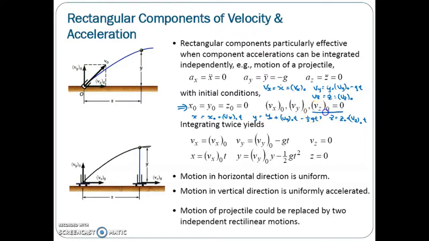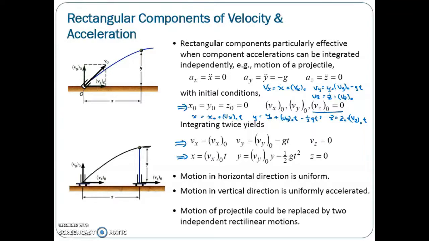The Vz naught will be equal to 0. So these 6 equations will basically become Vx equals Vx naught, Vy equals Vy naught minus gt, Vz equal to 0, while the position equations, x equals Vx naught t, y equals Vy naught t minus 1 over 2 gt squared, z equals 0.